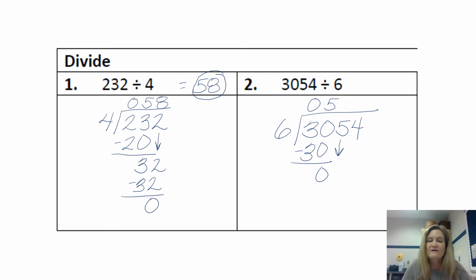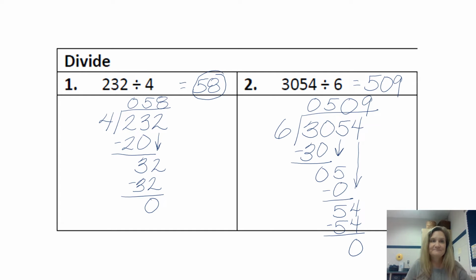Bring down the 5. 6 can divide 5 no times. 0 times 6 is 0. I subtract, I get 5. Bring down the 4. 6 can divide 54 9 times, which equals 54. Subtract, you get 0. 3,054 divided by 6 equals 509.